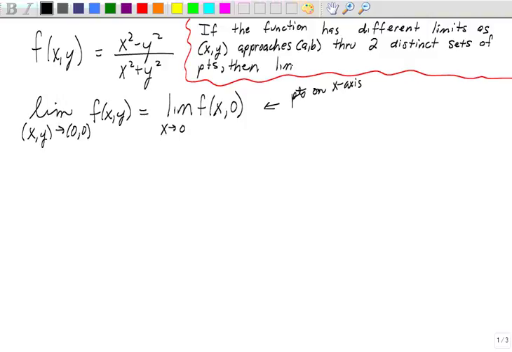It has to have a unique limit. The limit does not exist.